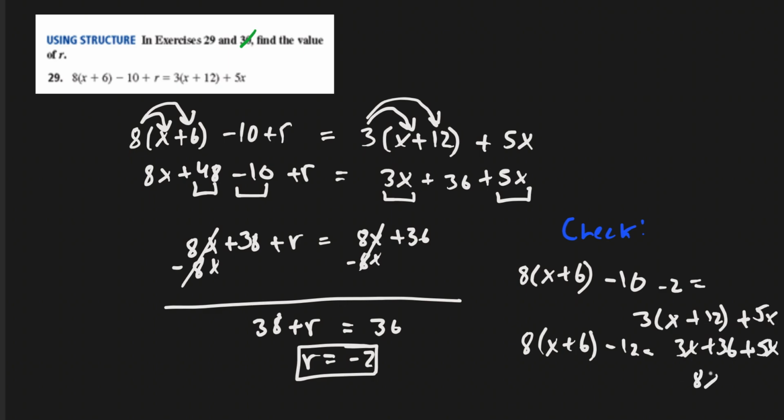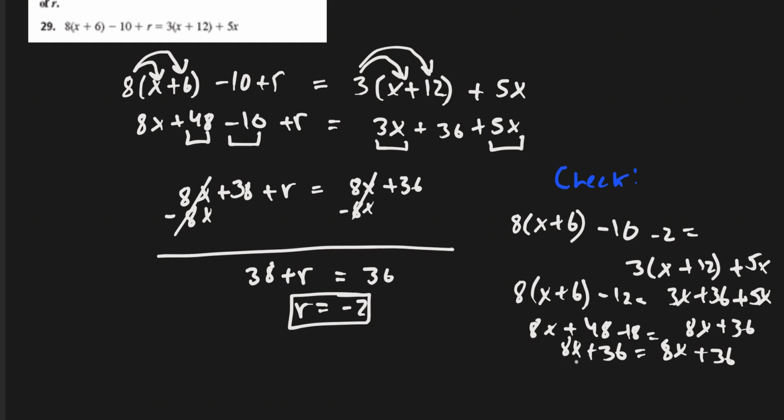So this is 8x plus 36, which is equal to 8x plus 48 minus 12, which you can guess will be 36. So 8x plus 36, you don't need to guess, you know that's 36. Now this you can just see, but also if you just subtract 36 from both sides, that's 8x equals 8x. Divide 8 on both sides, whatever you want. Anyway, this is just going to yield infinitely many x values.